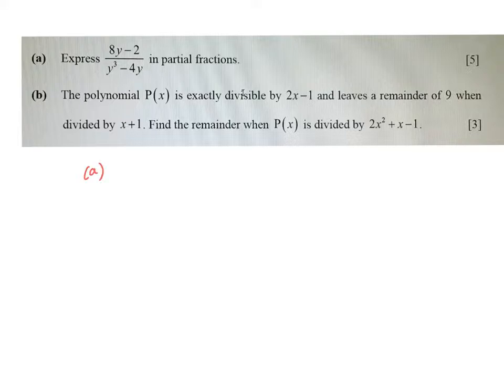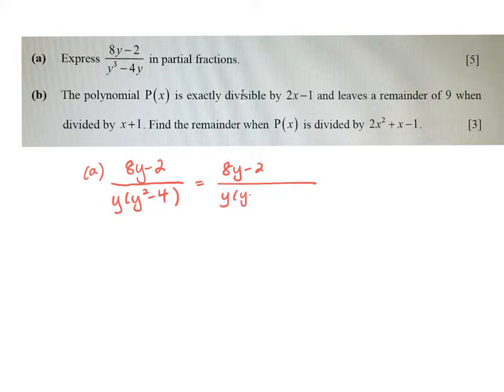(8y - 2)/(y^3 - 4y), I can think about factorizing the denominator. This gives me y(y^2 - 4), which is the same as (8y - 2)/(y(y - 2)(y + 2)).